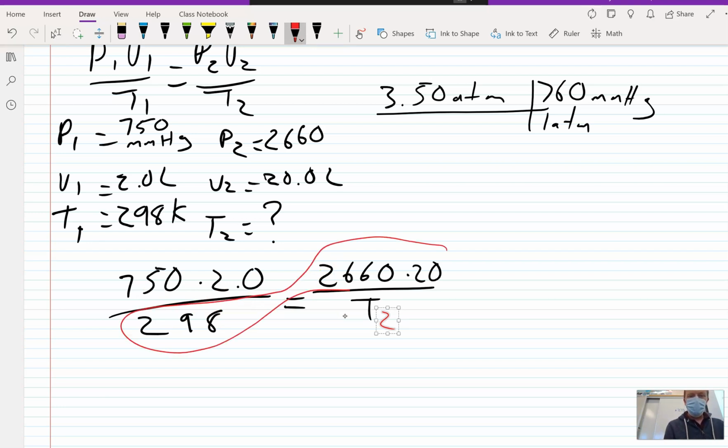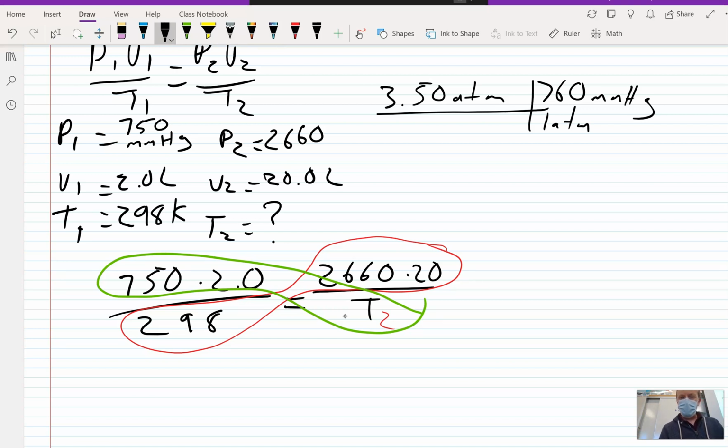There's the diagonal that does not contain the variable, and then there's the one that does. What you always do is multiply all the ones that don't contain the variable, and those go on top, if you will. And then we're going to divide by these ones that I circled in green here.